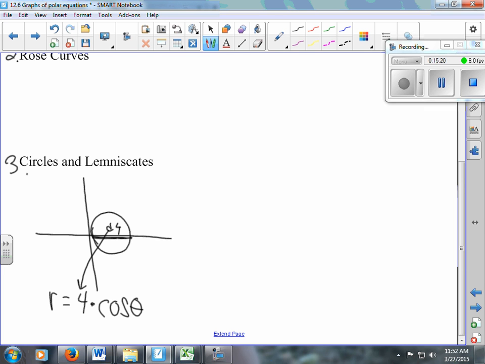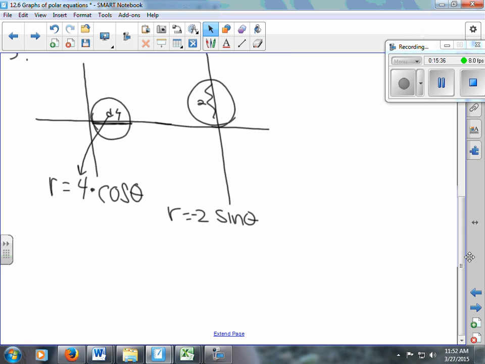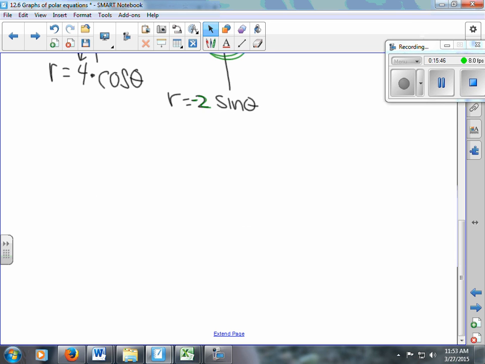Now, if you have instead something like r equals 2 sine theta, then you're going to be on the y-axis, and your diameter will be 2. If you have r equals negative 2 sine theta, then that's going to be on the y-axis, but in the negative part of the y-axis. Okay, and those 2 circles I do have memorized.